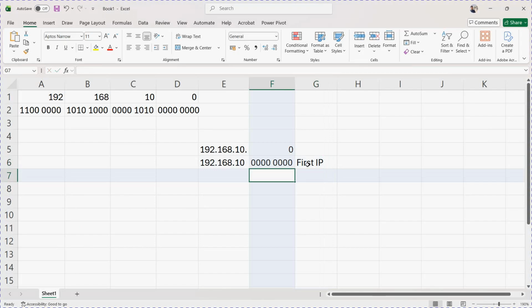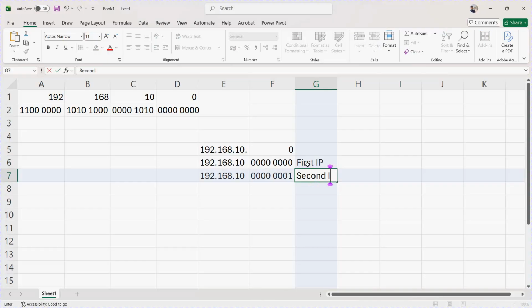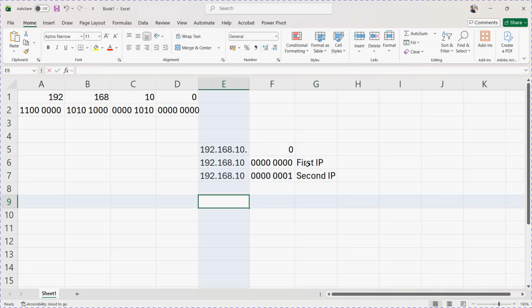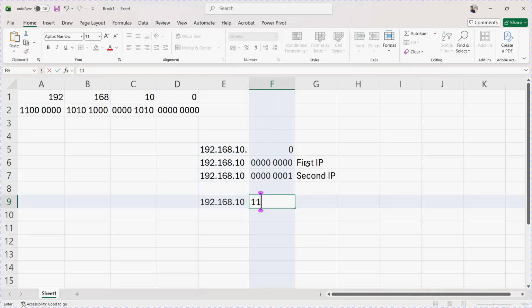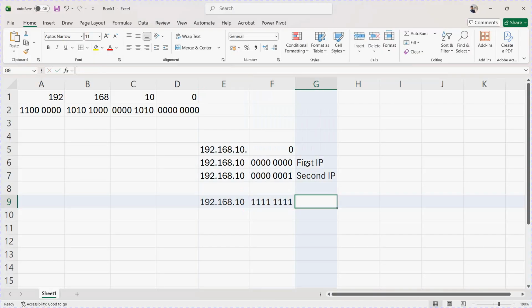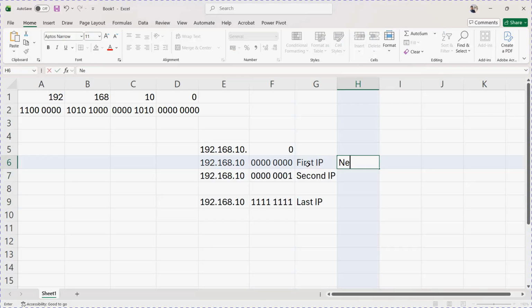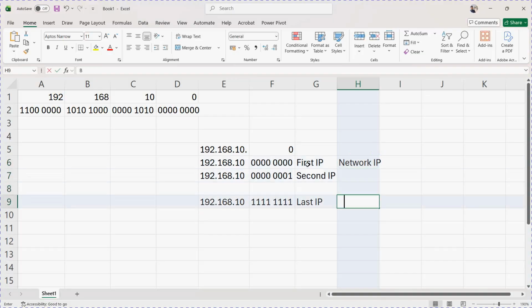The second IP is 00000001. And the last IP is 192.168.10 with 11111111. The first one is called the network IP, which means your default gateway. This is the broadcast IP.